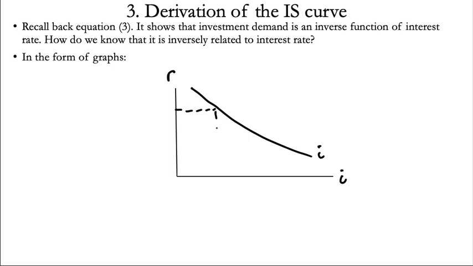So if we have R0 here, then we have I0 at point A. When interest rate falls down from R0 to R1, we can say investment demand increases because the reduction in cost of production at macro level leads to more investment demand, isn't it? Then they are motivated to produce more, they want to borrow more, so they produce more, hire more labor, right?